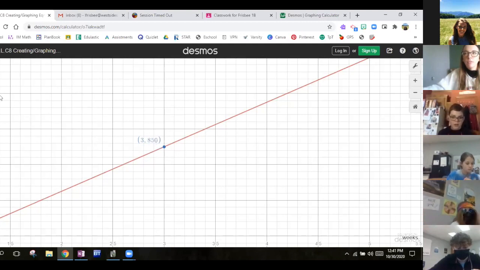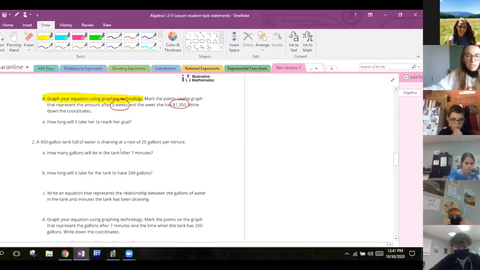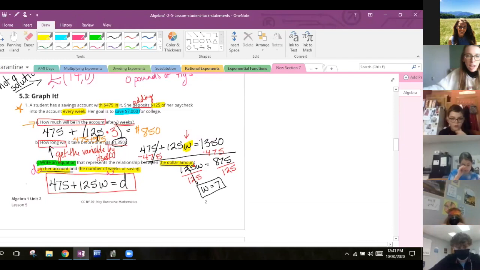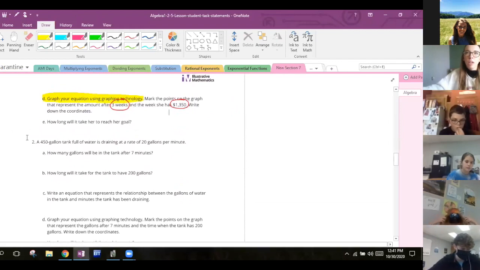How much money. So how much money did she have after 3 weeks? $850. Doesn't that sound familiar? Isn't that what we just said on part A? Yes, it is. Okay, so we're going to write down that coordinate. That coordinate was (3, 850).